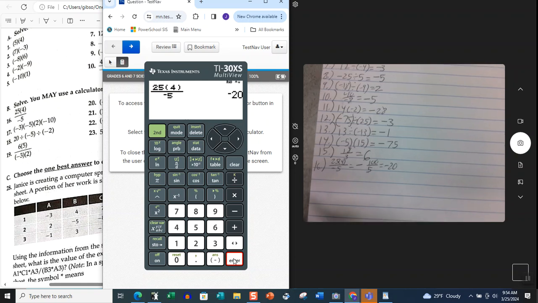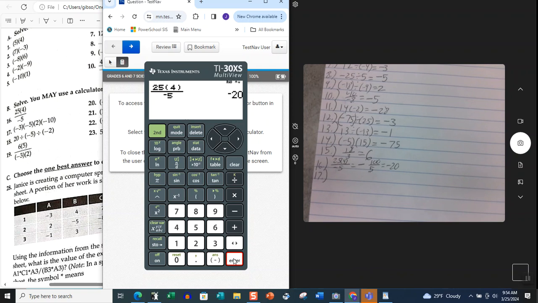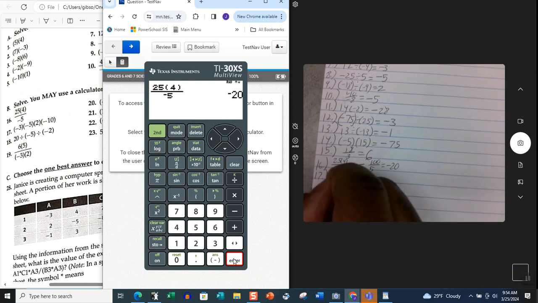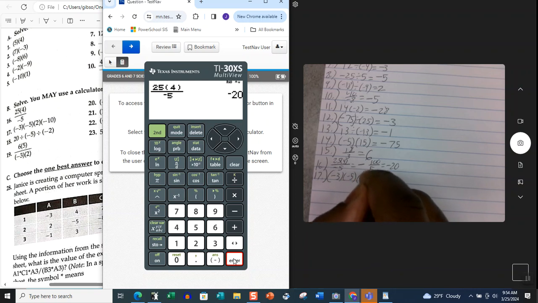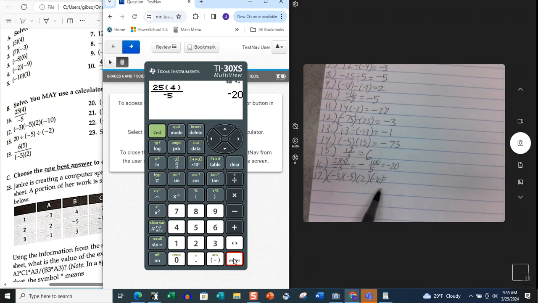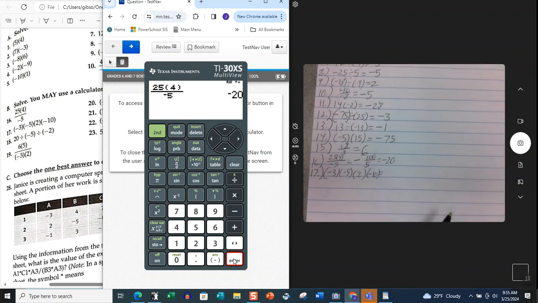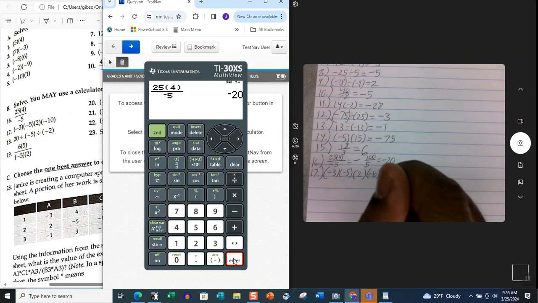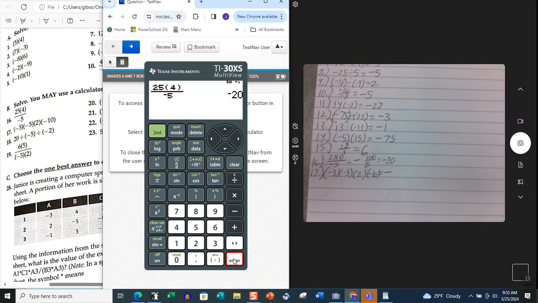All right, problem 17, we had negative 3, negative 5, 2, and negative 10. Now the reason why I want to talk about this before we put in a calculator, we should know what sign this has. We count the negatives. It's 1, 2, 3. So we know our final answer should be negative. Now we could just multiply this out.